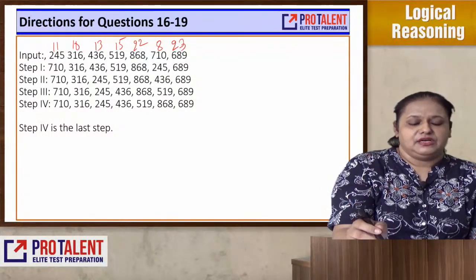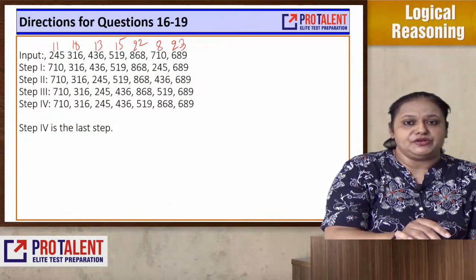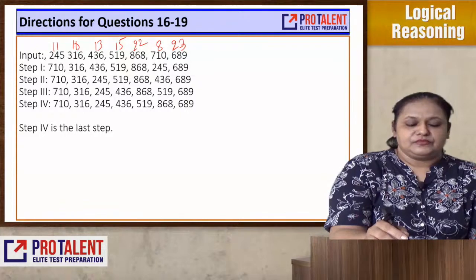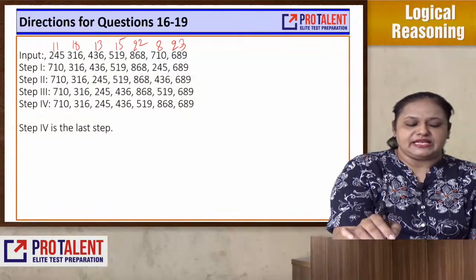So what is happening in the first step? 7, 1, 10 came into the first thing, right? And the rest of the sequence remains as it is.